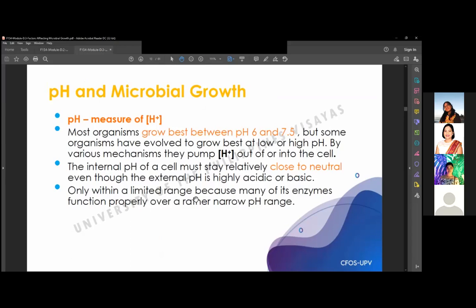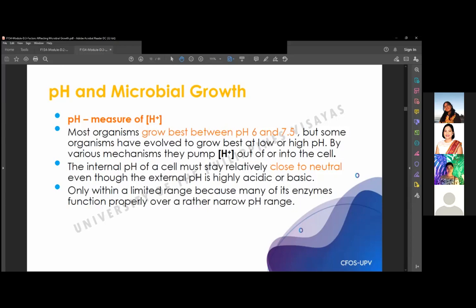Okay. So bacteria also have pH requirement for microbial growth. Ayan, so close to neutral yung mga ideal pH for them. Take note, most organisms grow best between pH 6 to 7.5. Alright? But some organisms have evolved to grow best at low or high pH.